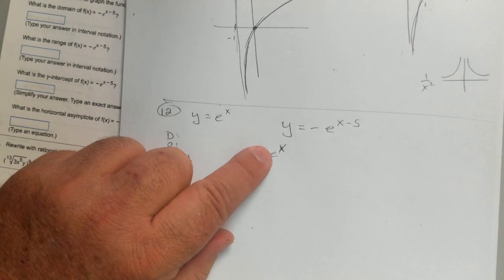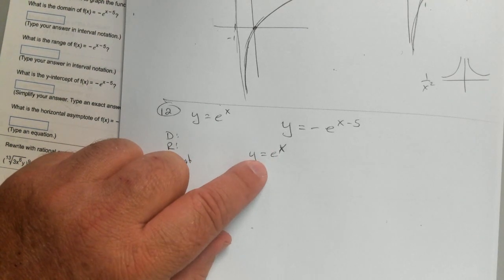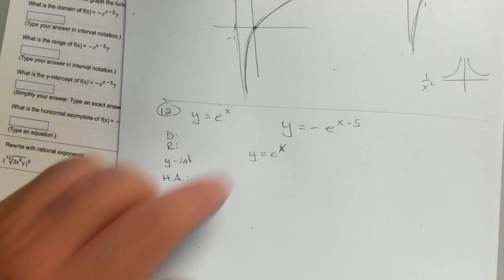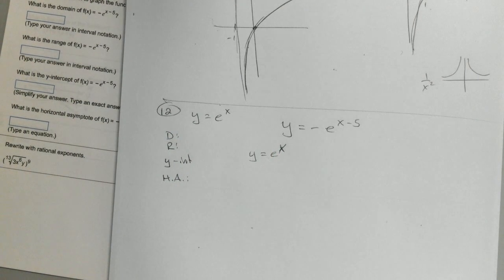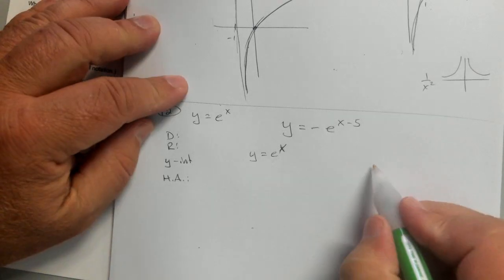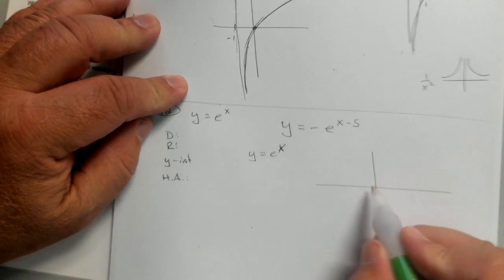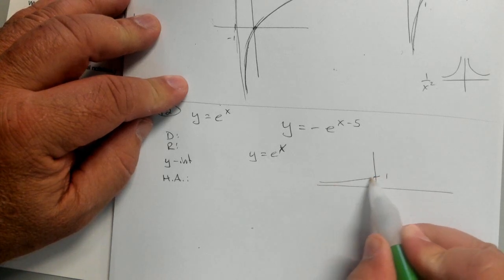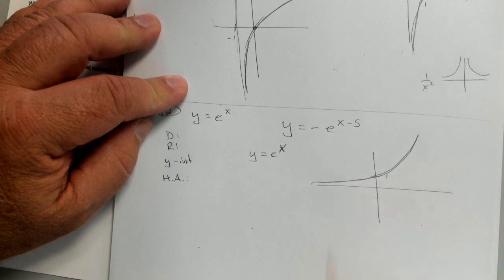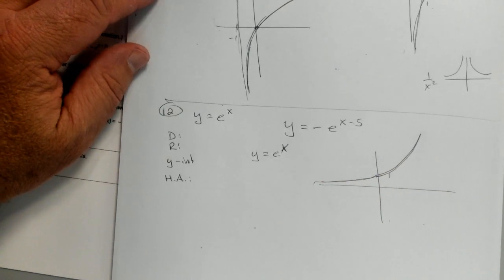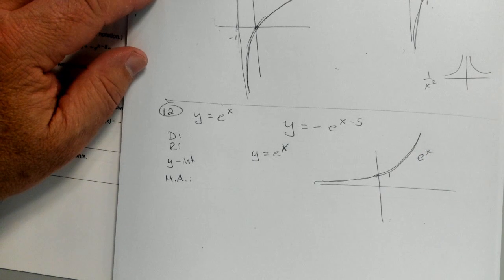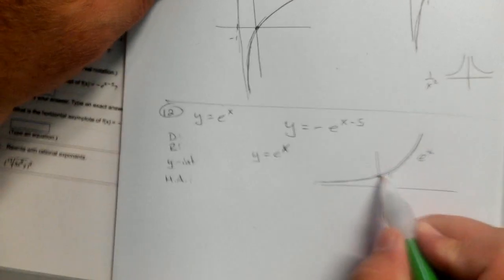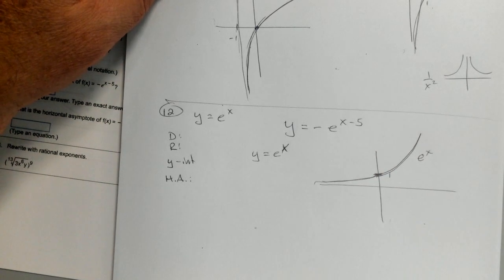Whenever we talk about exponential functions, we deal with the base being positive. If x is negative, that means it's a fraction, very close to the x-axis. When x is 0, y is 1. So the graph is like this, e to the x, and we know that it crosses at that point there.